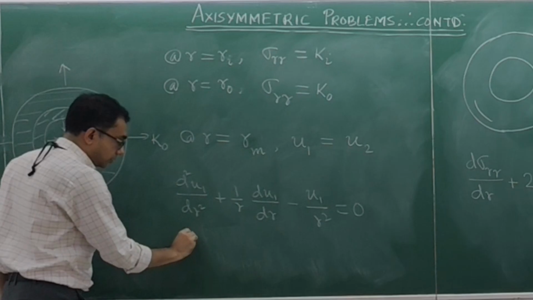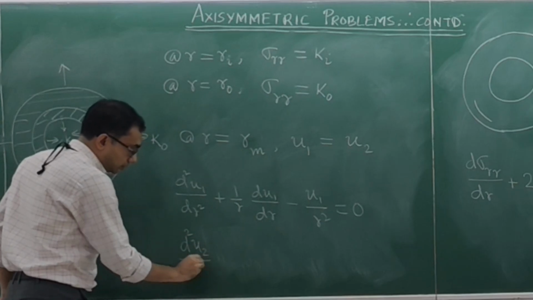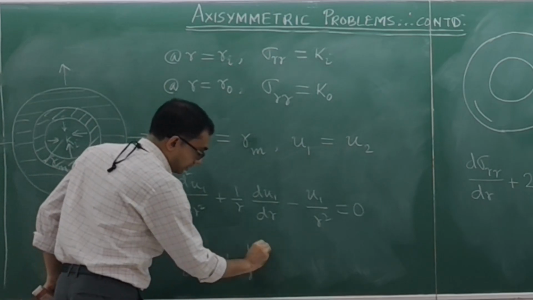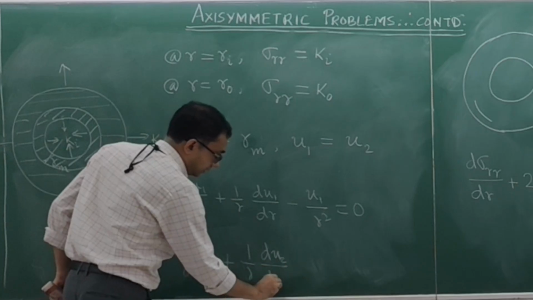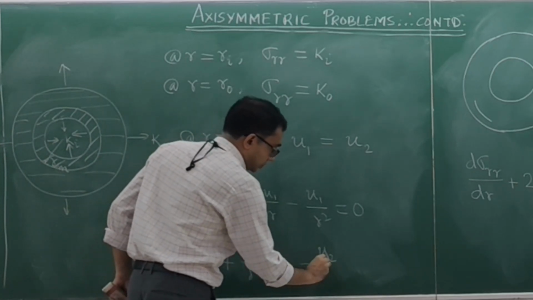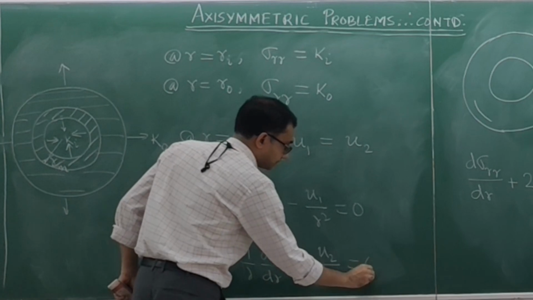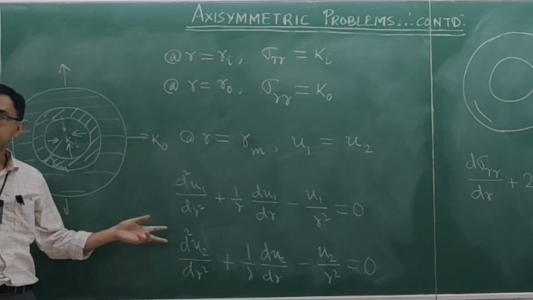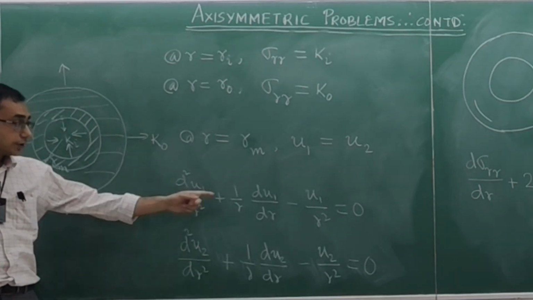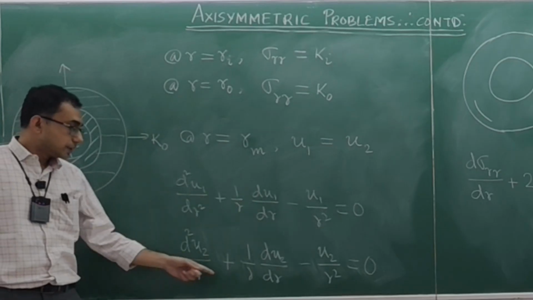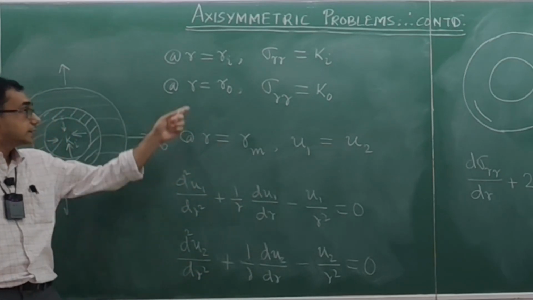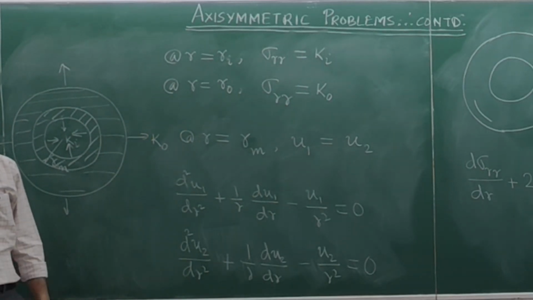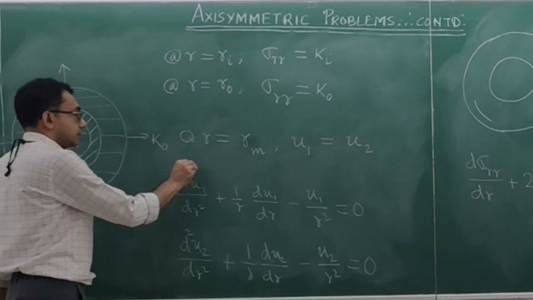And for the outside, you are going to get d square u2 dr squared plus 1 by r du2 dr minus u2 by r square equal to 0. So you have 2 second order differential equations. From the first you are going to get A1 and A2, from the second you are going to get A3 and A4. But you have only 3 conditions over here, so you will not be able to find all the unknown constants. So you need another condition.